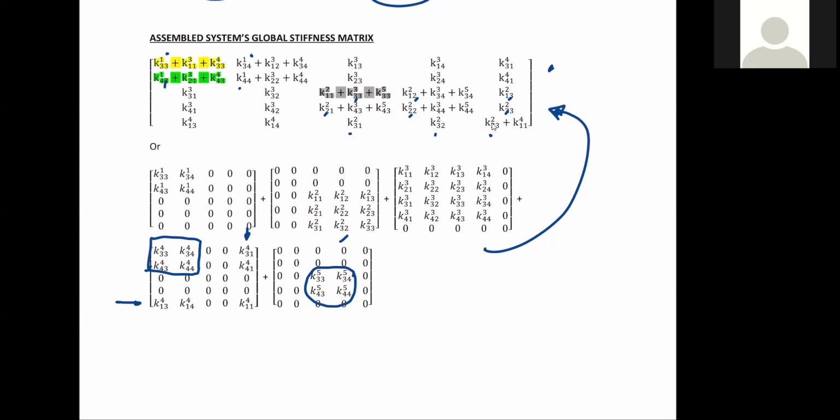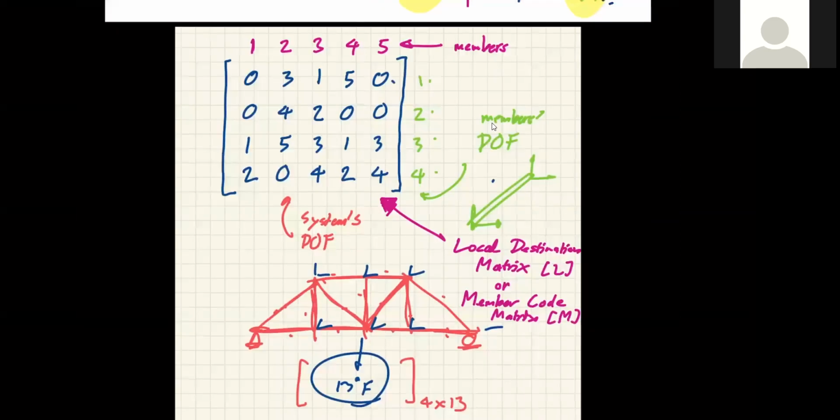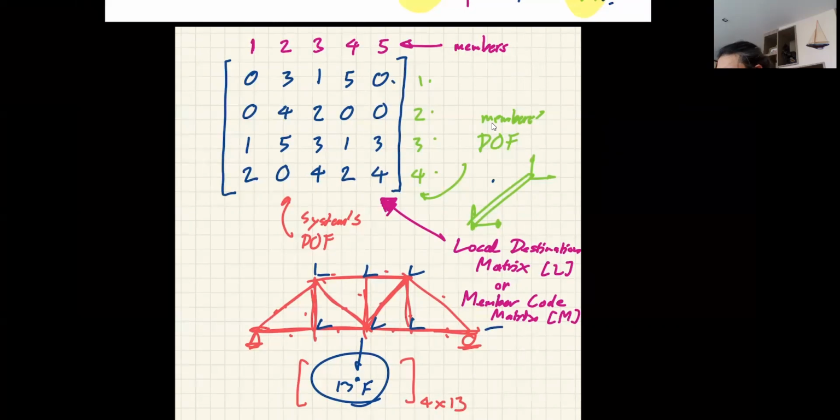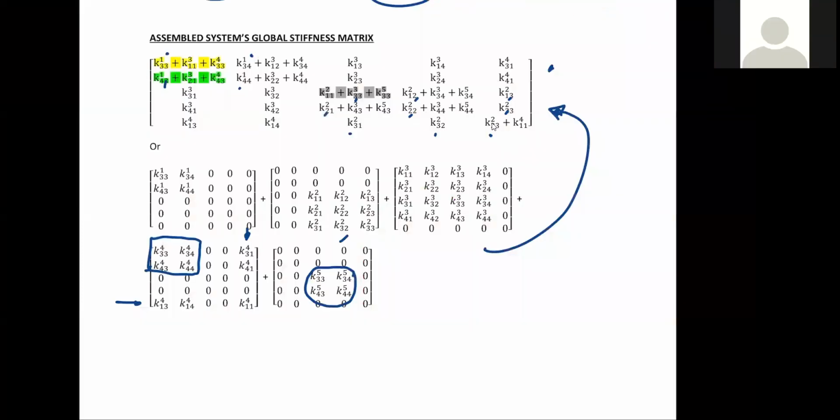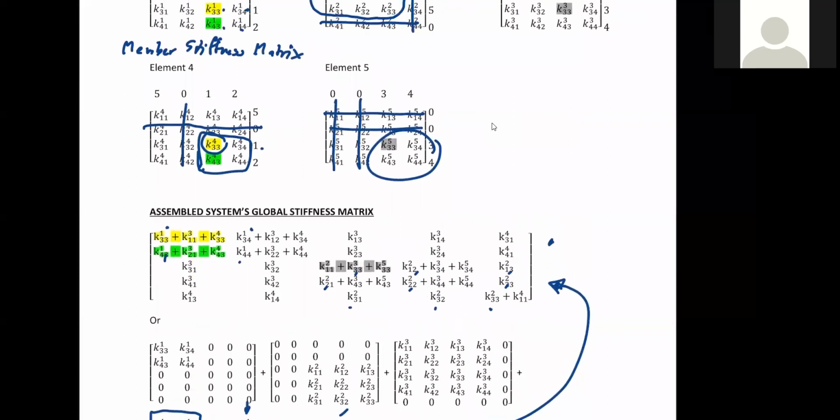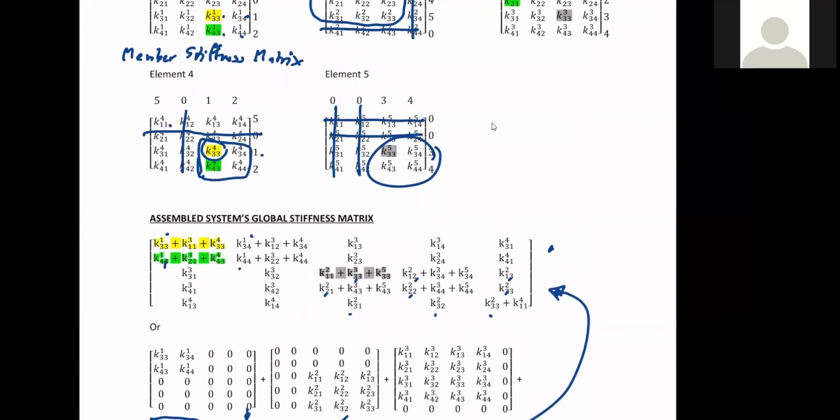You can ask. Pardon me. Yeah, go ahead. Could you go to element 4 again? Where is K11 of element 4? For the assembly, when we cut it out, the first one will be K11, right?